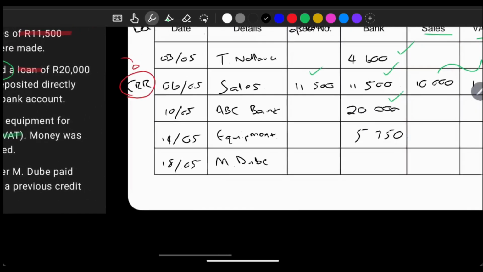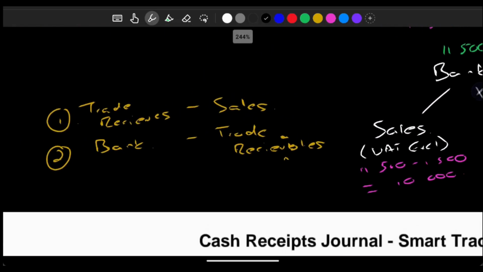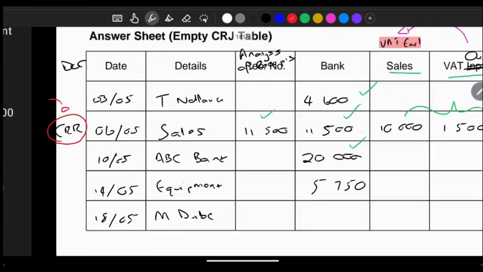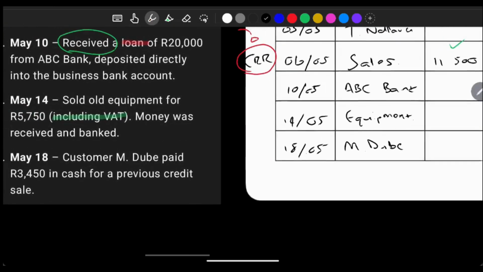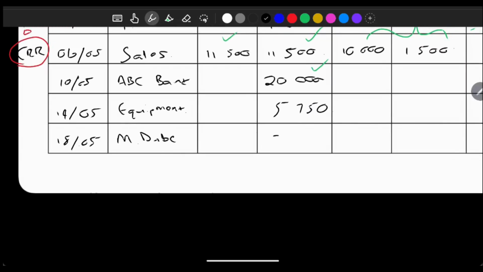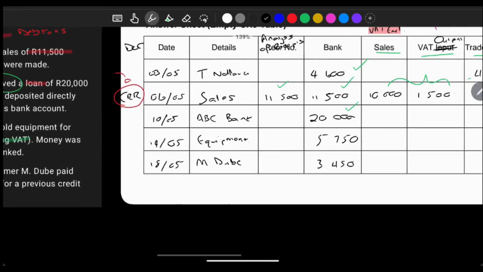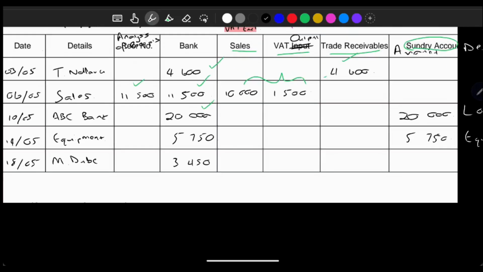Analysis of receipt, no, we sold to them the first time, right? Remember this part, we sold to them initially, now they're just paying us back, right? So analysis of receipt was given the first time, now we're not giving them analysis of receipt. A receipt, I mean 3,450, right? And then it is trade receivables, they're paying back 3,450, right?